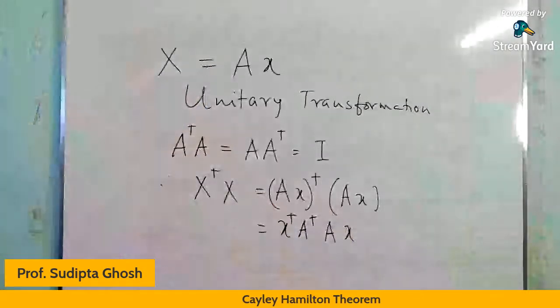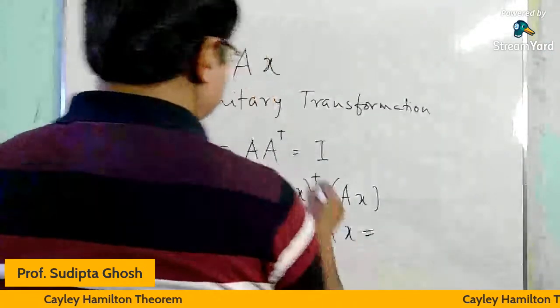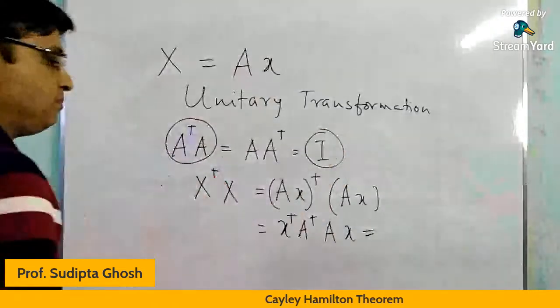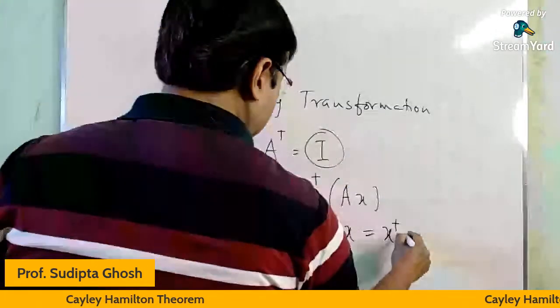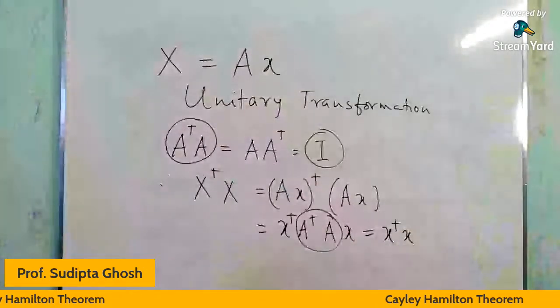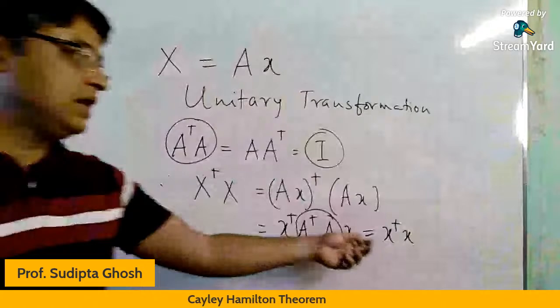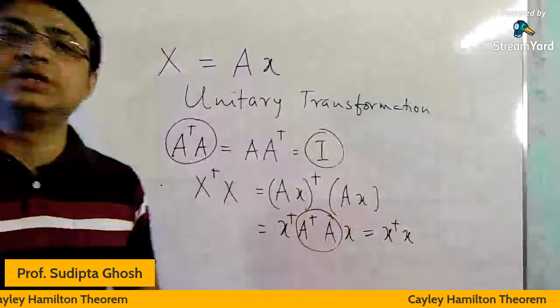Since A dagger A means 1, the unit matrix, we have X dagger X. So capital X dagger X will be equal to small x dagger x, and it is due to the unitary transformation.